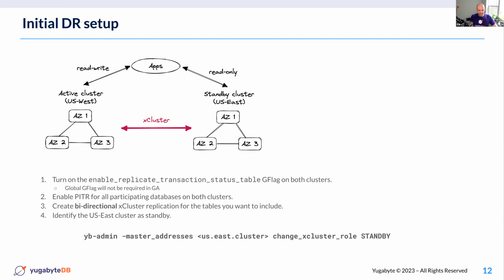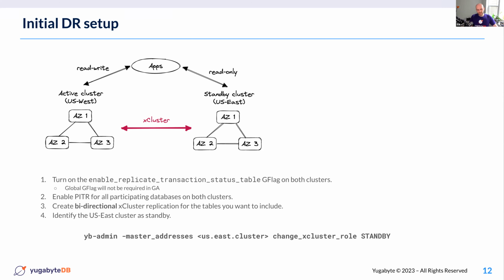Another prerequisite is point-in-time recovery for all the databases that participate in DR, that are being replicated, and I will explain shortly why we need that. We use that in failover workflows. Then you also set up bidirectional xCluster replication, and I need to explain that.